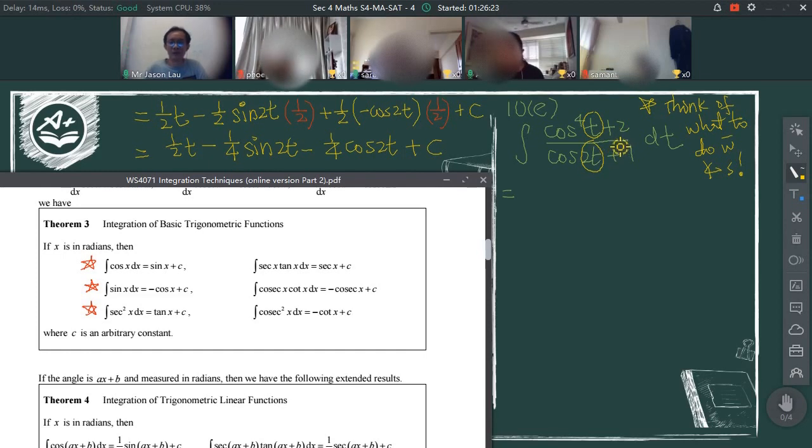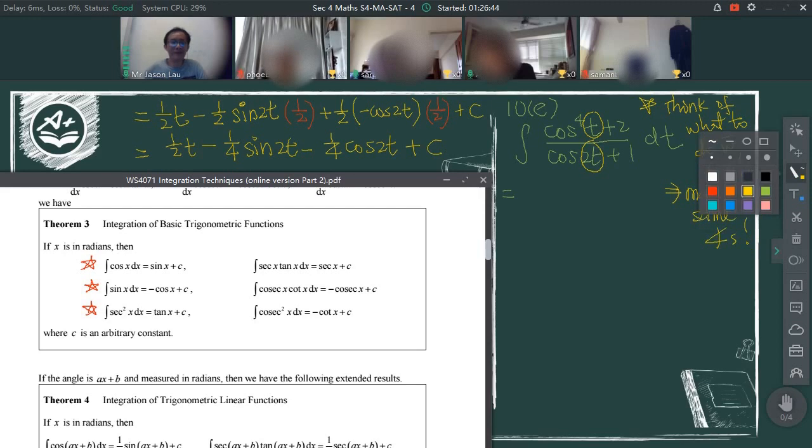So to perform integration or solve equation of trigo, if the angles are the same, you'll have a higher chance to solve, to progress. So you're going to make the angle the same. Making the same angles will increase the chance.